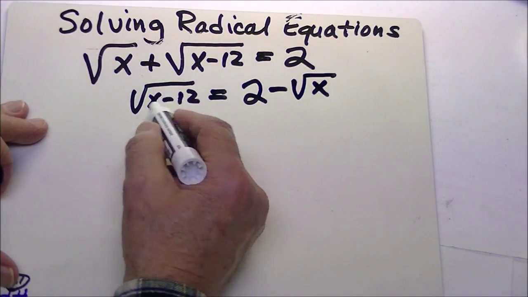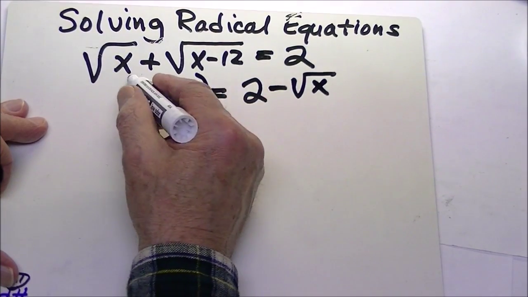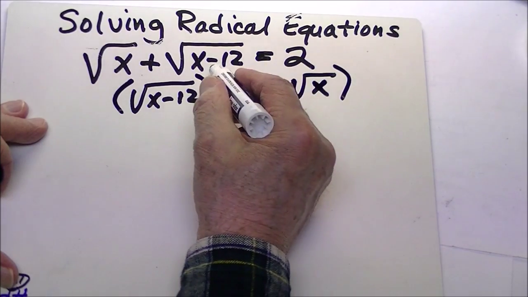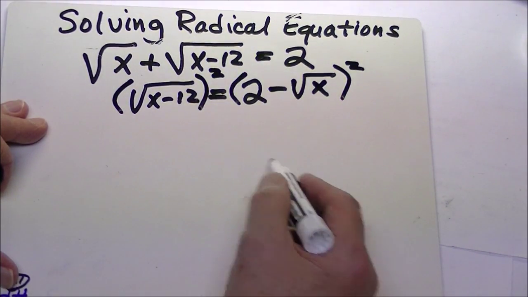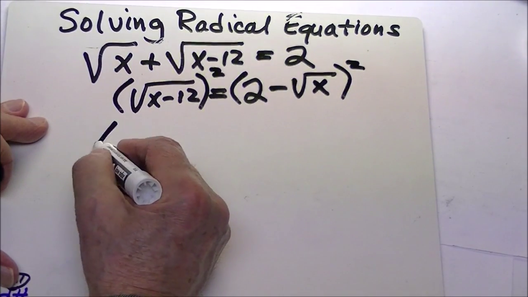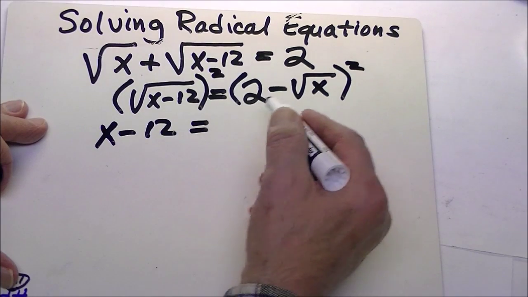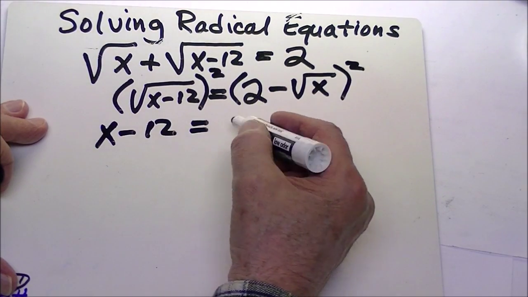Now we've isolated one of the radicals, so our goal is then to clear that one. We do so by squaring both sides. So this just becomes the radicand, x minus 12. Now we use that special technique of squaring a binomial. Square the first term.